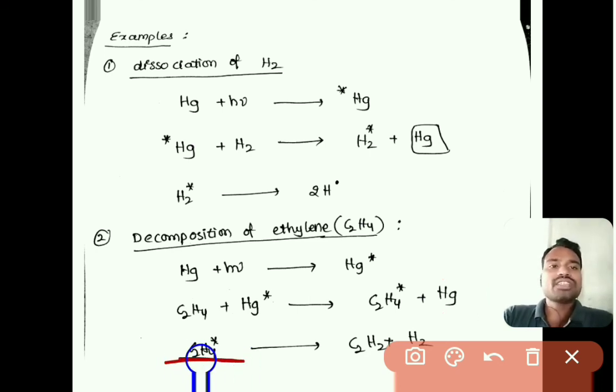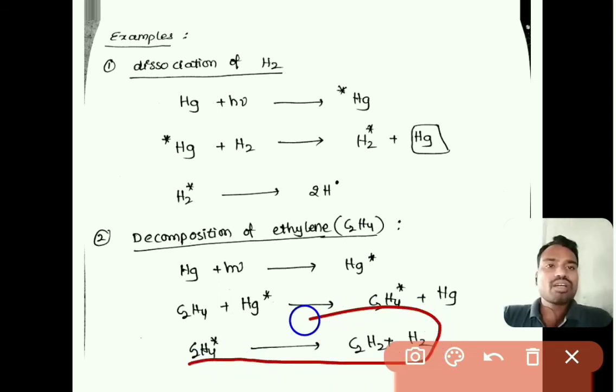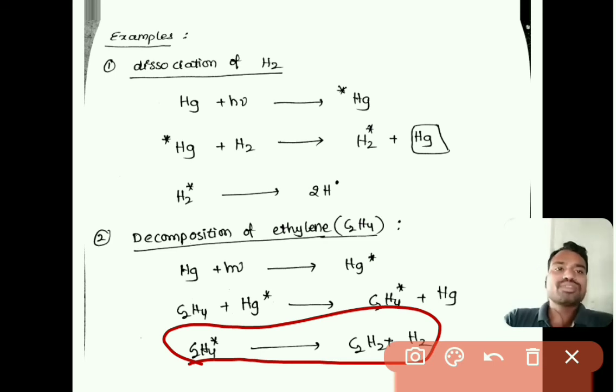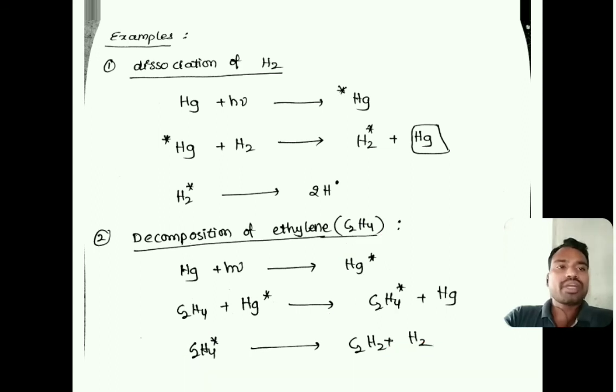This excited ethylene undergoes dissociation, forming ethyne, or acetylene, plus hydrogen. So this is the decomposition of ethylene, in which mercury is acting as photosensitizer, right? So this is the mechanism and examples of photosensitization reactions.